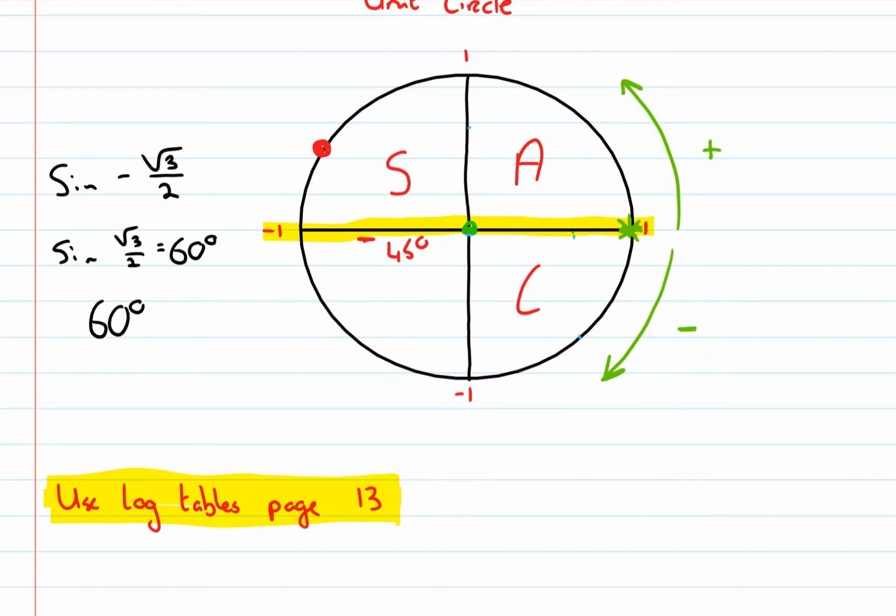But now notice it's a minus answer. It's a minus sign, root 3 over 2. So we're looking for quadrants where sine is negative. So sine is negative here and here.